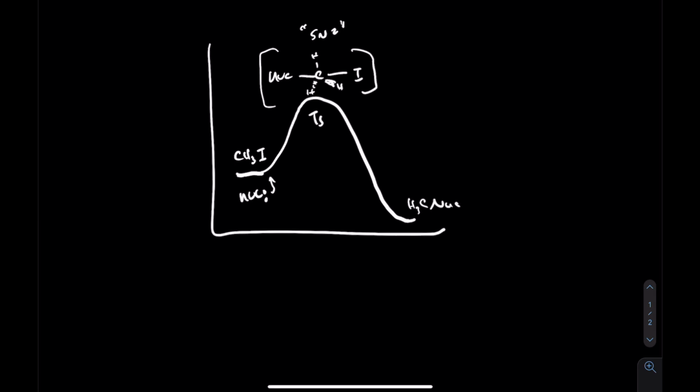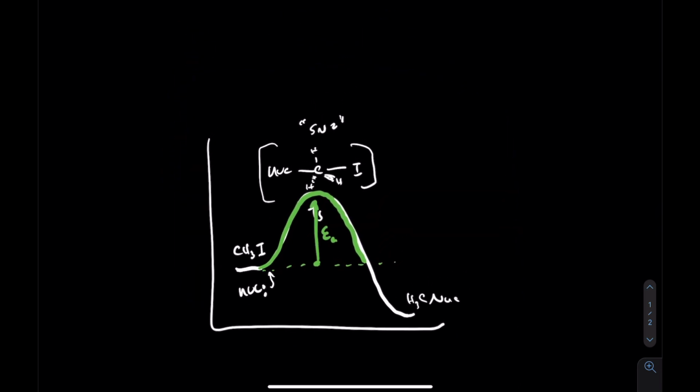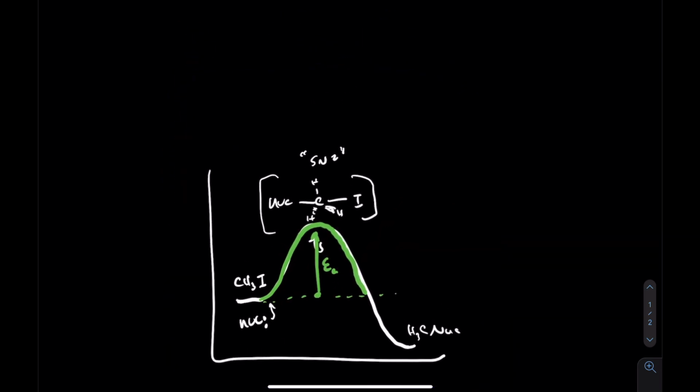Now, kinetically, and again, kinetically is this part of the reaction, or essentially the activation energy, between here and here, the energy of activation. Kinetically, what is important is substituent size. Now, there are other important factors, but the big important factor in determining how fast this reaction will go is how large the things are on this carbon.